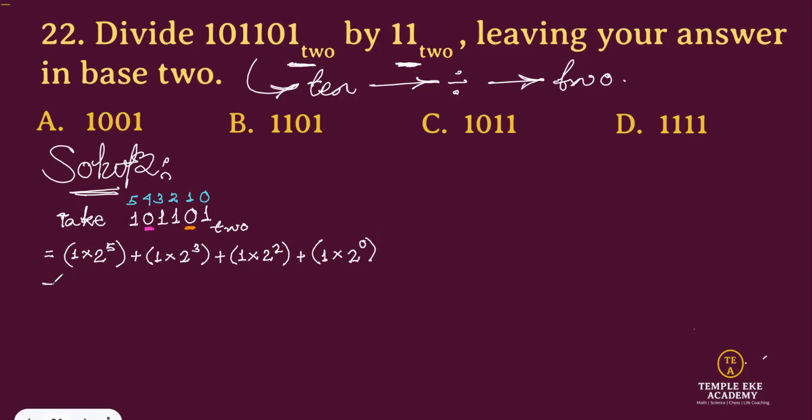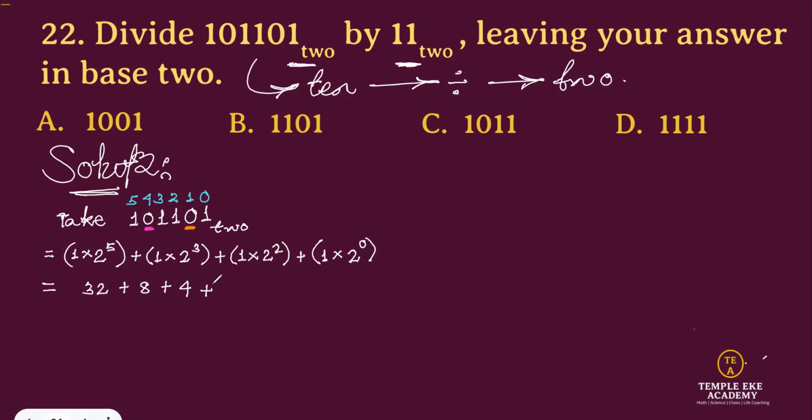By evaluating each unit, we have 2 raised to the power 5, which gives us 32. 32 multiplied by 1 gives us 32, plus 2 to the power 3 gives us 8. 8 times 1 gives us 8. Plus 2 to the power 2 gives us 4, times 1, that's 4.